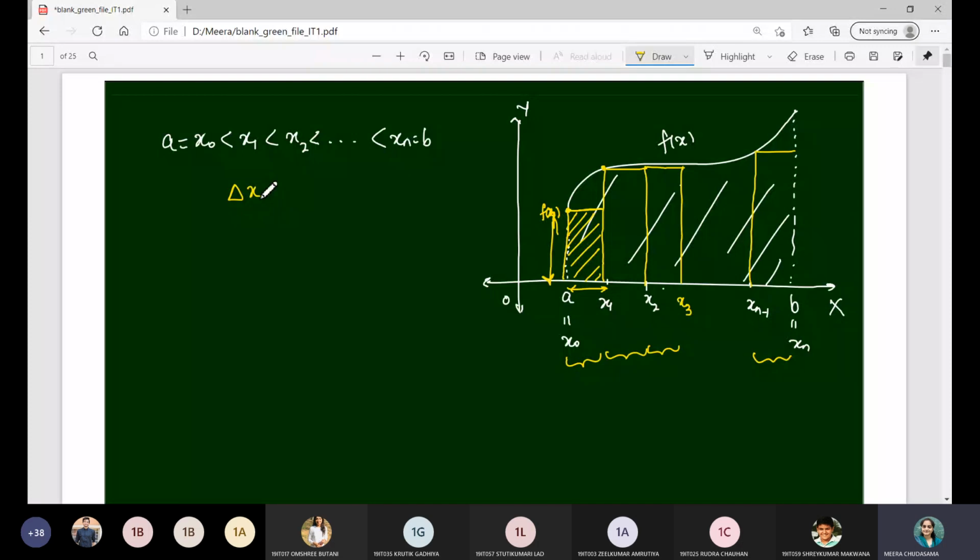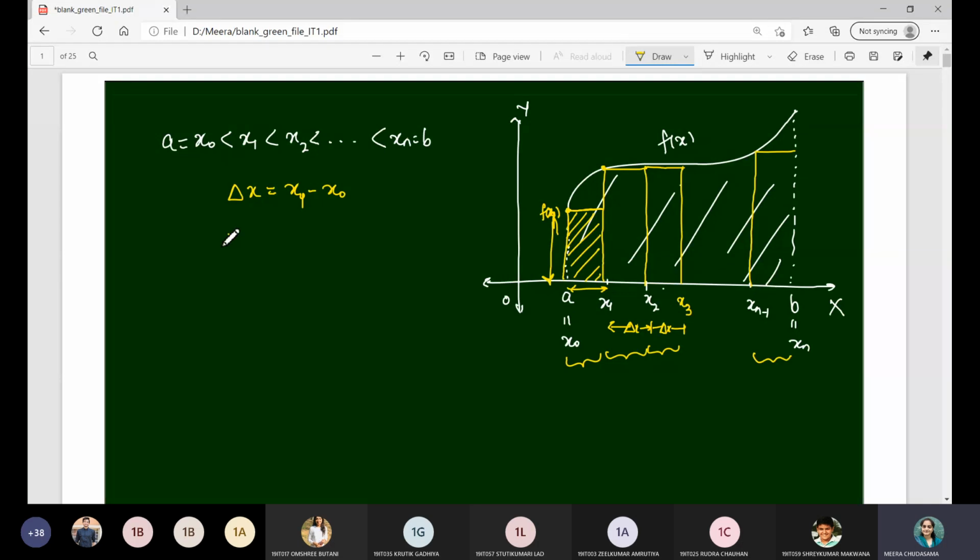Similarly for the second step, the step size is delta x. Each time the breadth of the rectangle will be delta x, and the corresponding length for the first case is f of x0 into delta x.